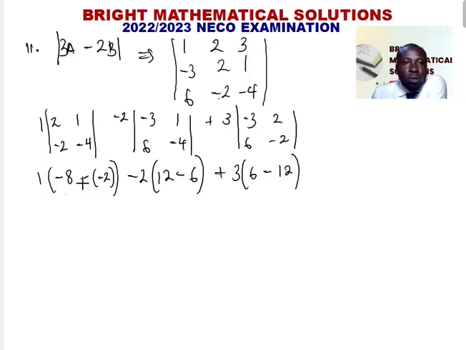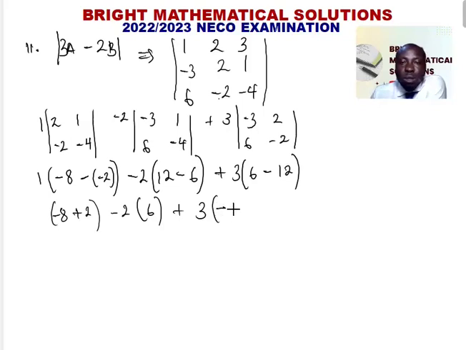So this gives us 8 plus 2, minus 2 into 12 minus 6, that's 6, plus 3 into 6 minus 12, that's minus 6 as well.